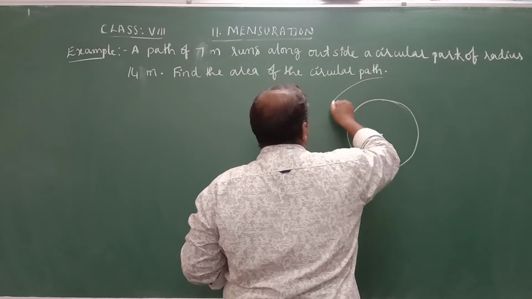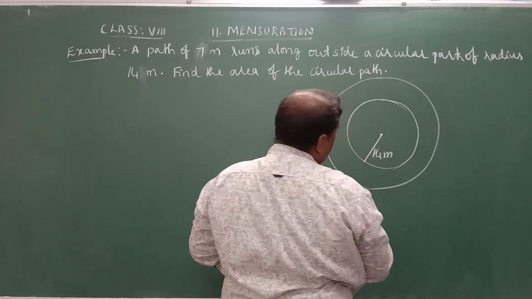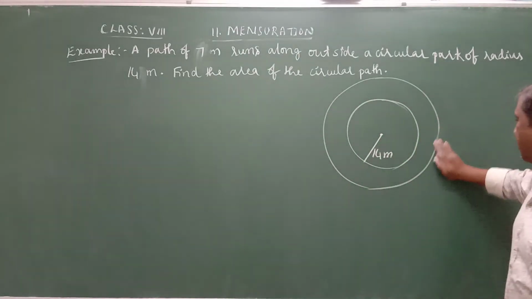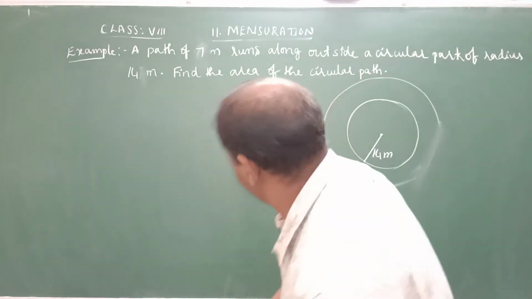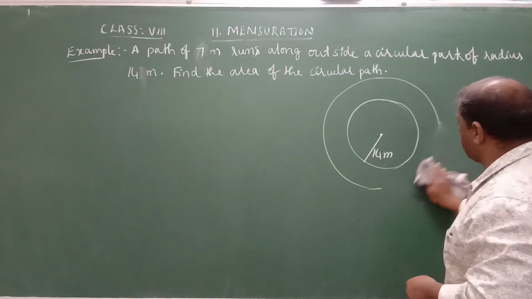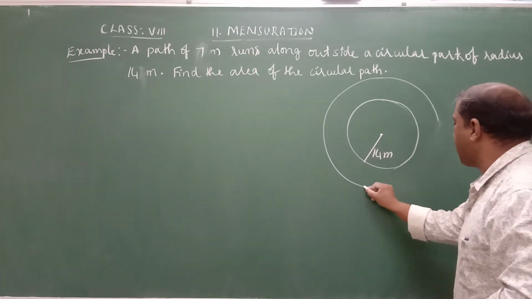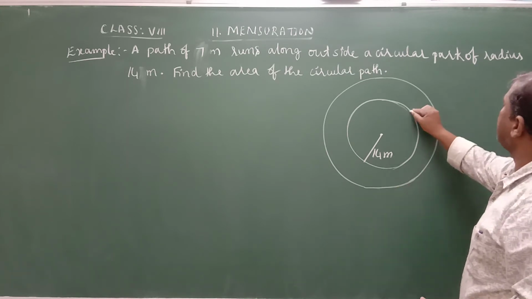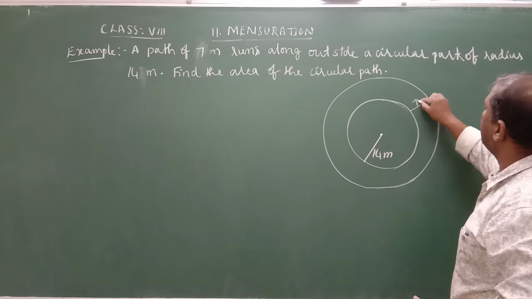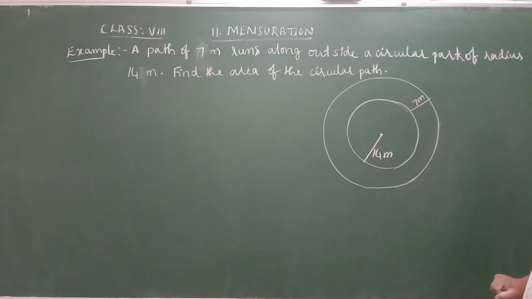So the circular path is there, and outside we have one path whose width is 7 meters. The radius of the circular path is 14 meters. Find the area of the circular path.